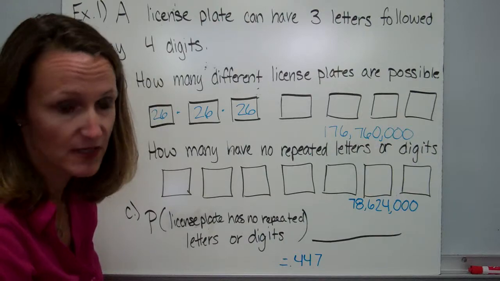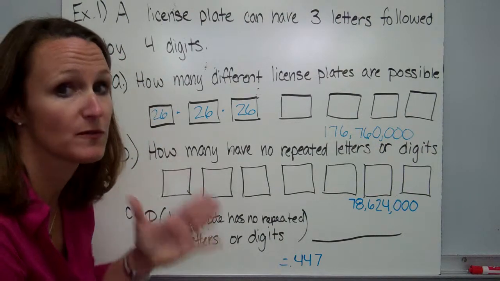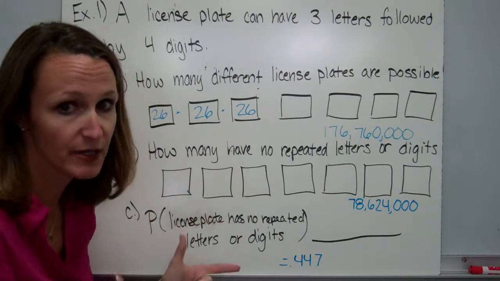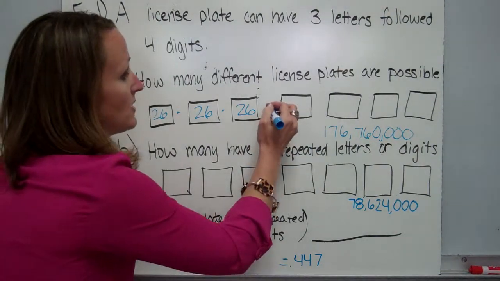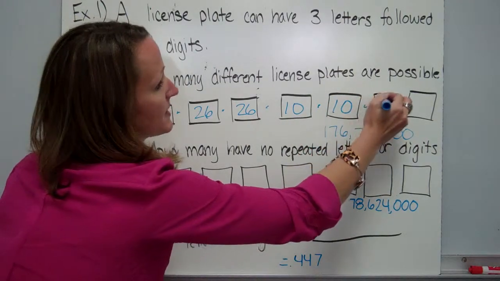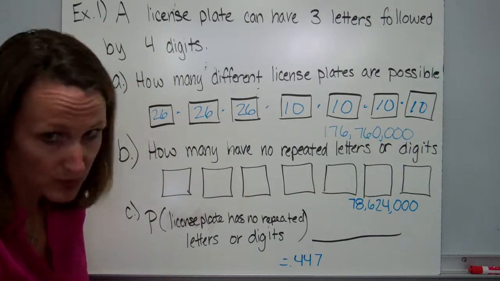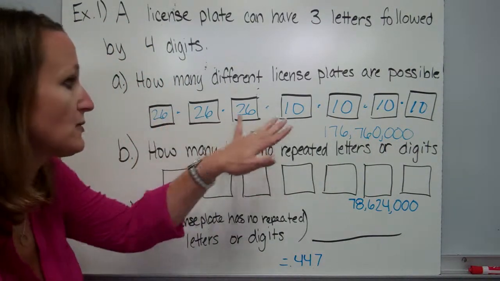Now you're really glad you didn't have to draw a tree. Then we have 4 digits. When we talk about digits, we're going from 0 to 9, so that's 10 digits. So now we're going to multiply 10 times 10 times 10 times 10. Again, really glad I didn't have to draw a tree to represent all this.